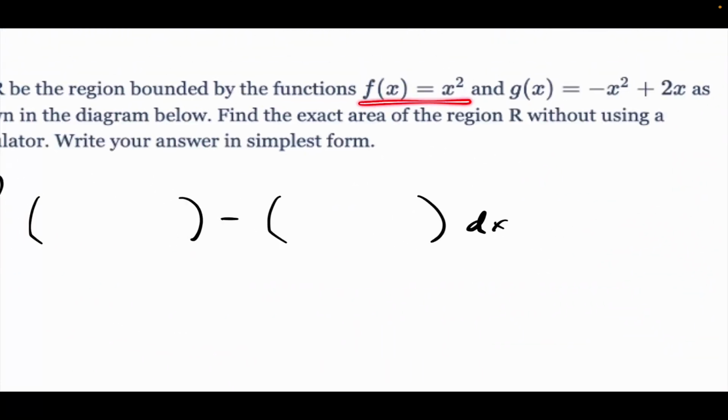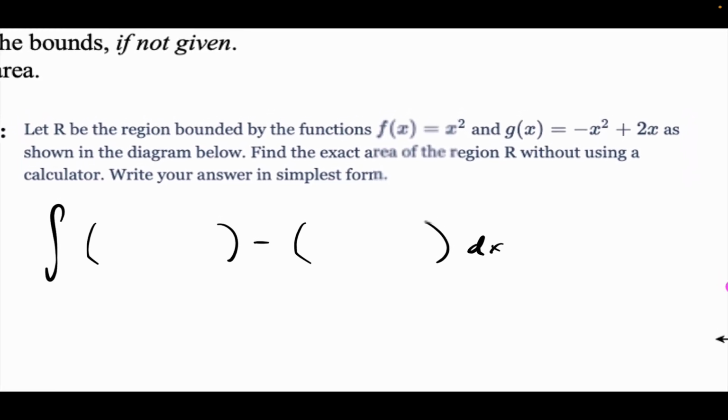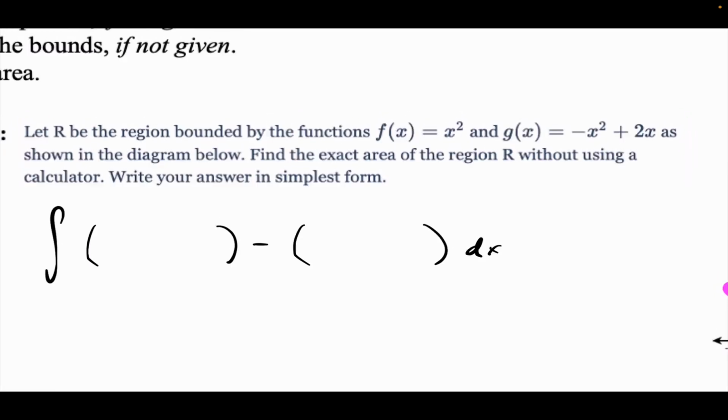So f of x is x squared. What does x squared look like?